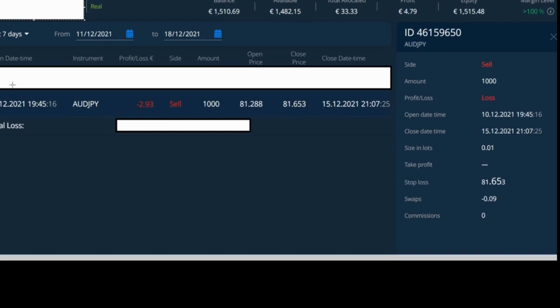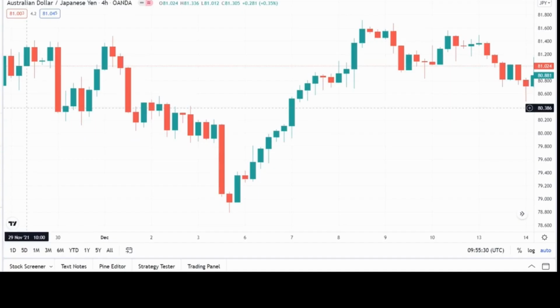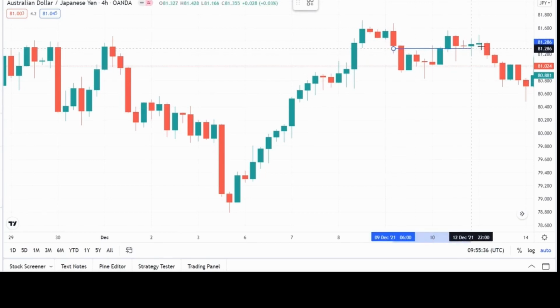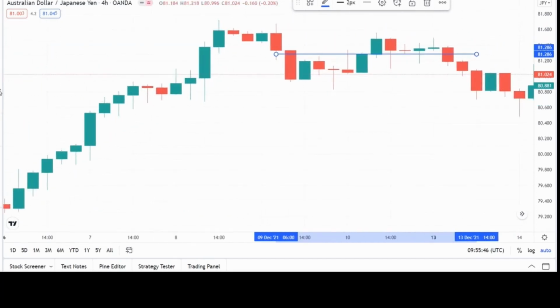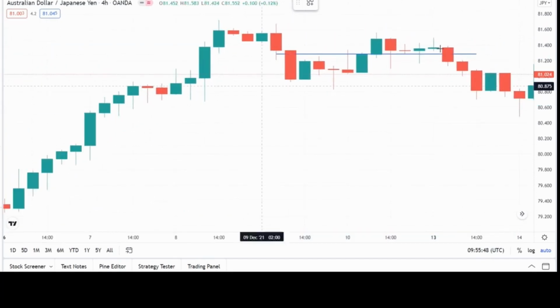If we take a look at the trade, here is around 81.288 where I took the trade, and it was a short position.